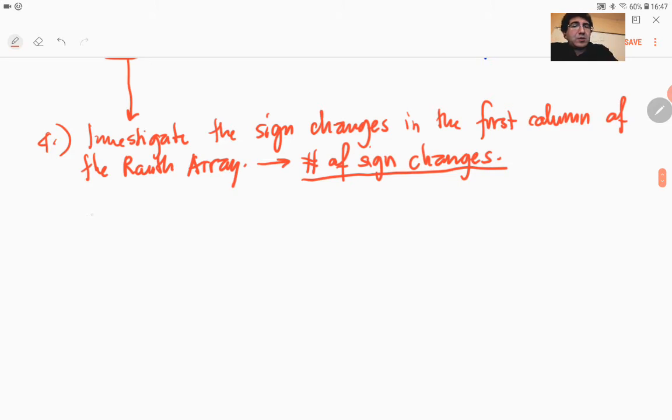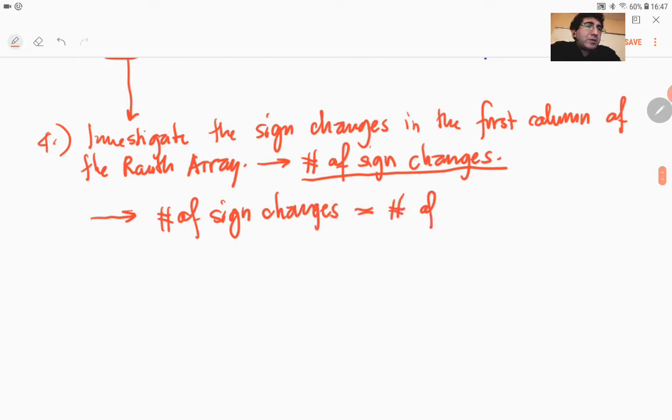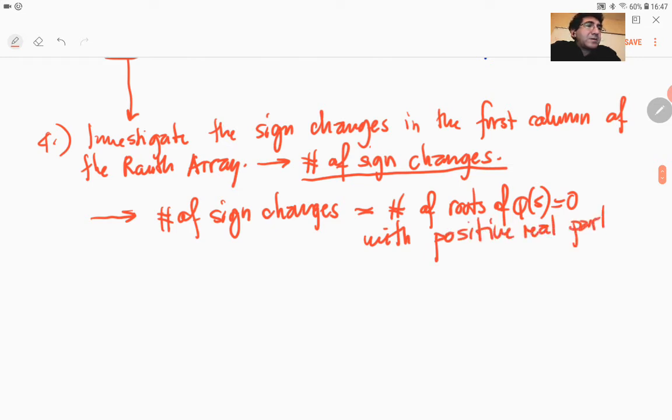The Routh-Hurwitz method states that essentially the number of sign changes in the first column is equal to the number of roots of Q(s) equals 0 with positive real parts. So that's the main result.